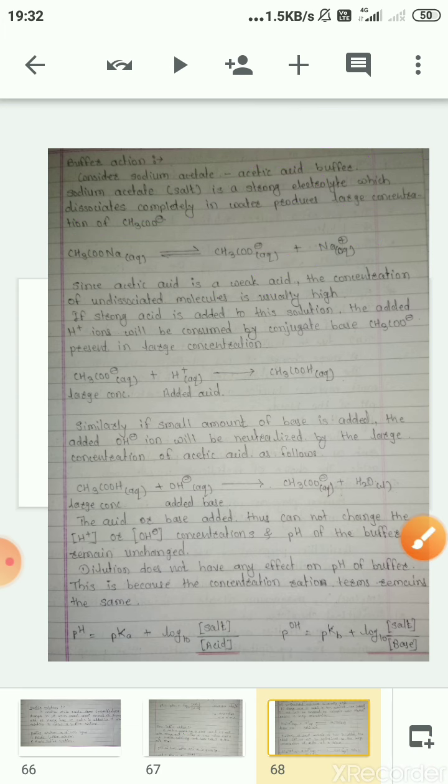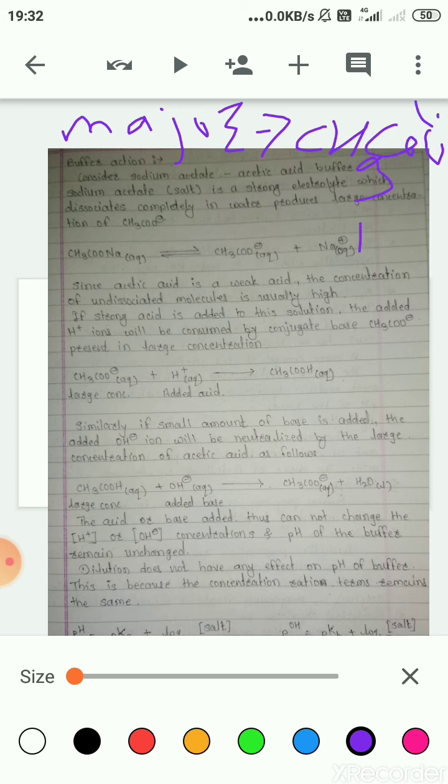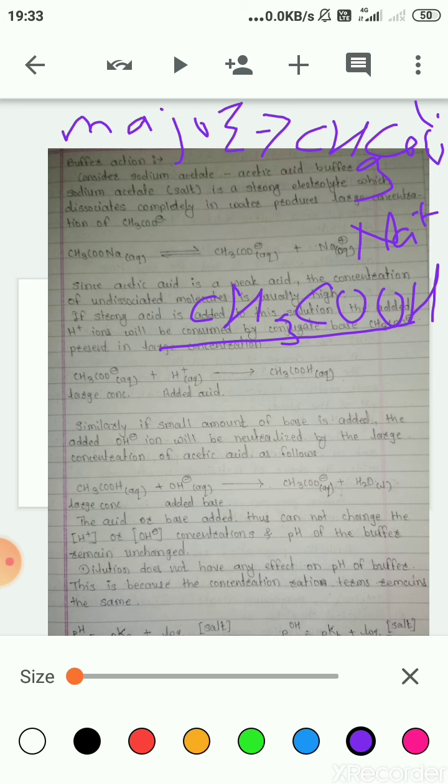It contains a major amount of CH3COO minus ion, Na plus ion, and a greater amount of CH3COOH, because it is a weak electrolyte and dissociates only partially, in a very small amount.